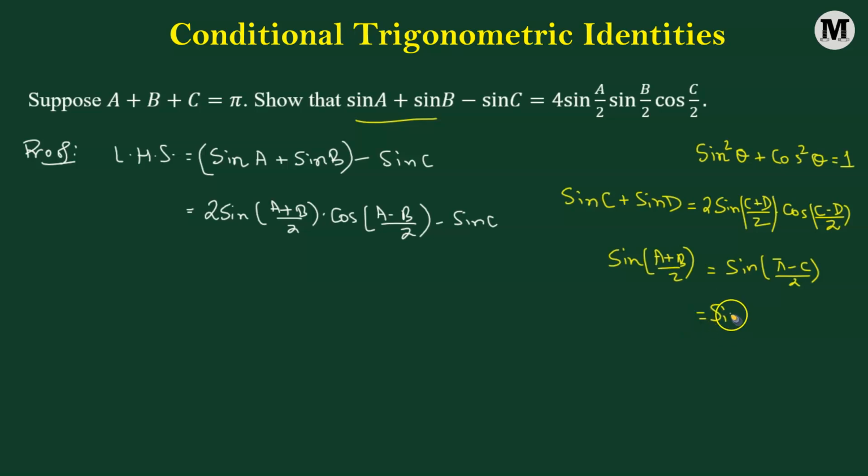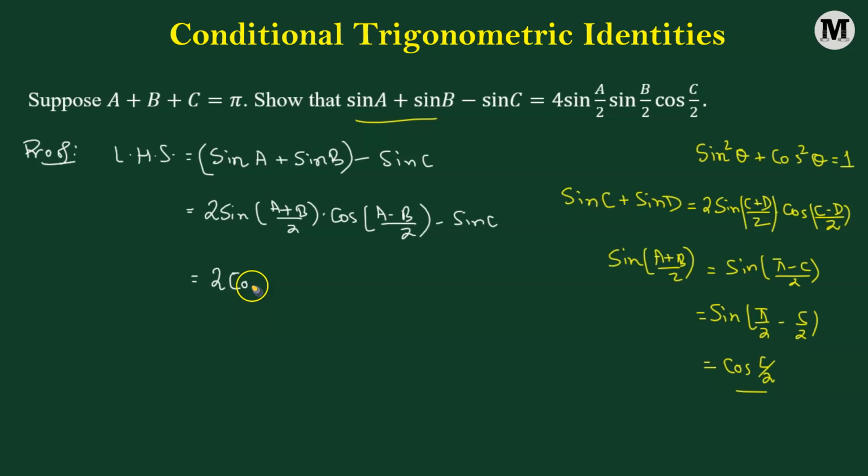Now we have sine of (pi over 2 minus c over 2). We know that sine of pi over 2 minus some angle changes to cosine, so we get cosine of c over 2. In other words, sine of (a plus b) over 2 is the same as cosine of c over 2.